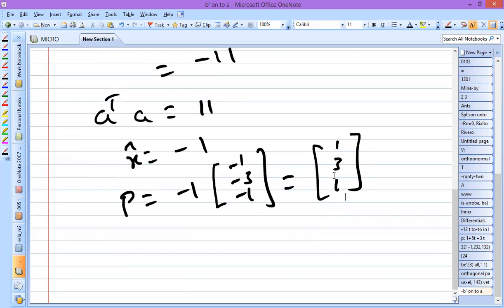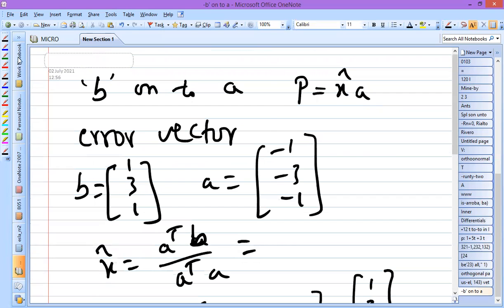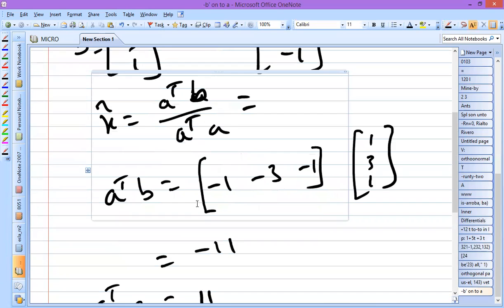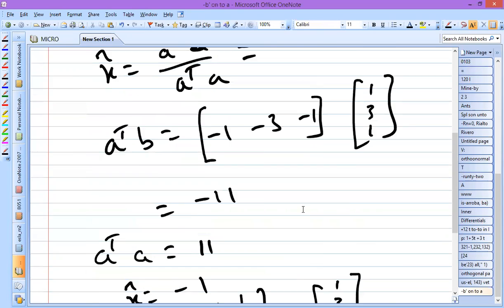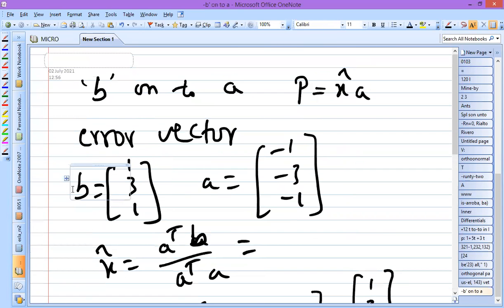So when you are getting the projection the same as the vector B, what should be the error vector? You have drawn the projection of B on A, right? B is given as 1, 3, 1.